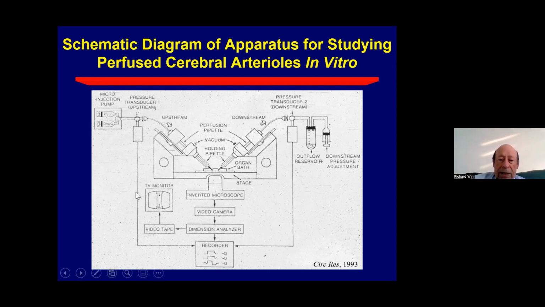So we proceeded actually to borrow from the renal nephrologist this technique and modified it so that we could use it in cerebral vessels. We could take out the penetrating vessels that go down through the Virchow-Robin space, 40 micron in diameter, as you'll see, and we were able to perfuse them as shown here.